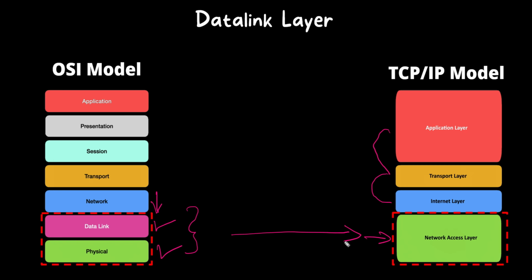But for the OSI model, that is not enough. They separated the network access layer into 2 layers, the data link layer and the physical layer. From their point of view, they perform different kinds of tasks which need to be considered when you create a network. So that's why there is a difference at the bottom layers of the OSI model and the TCP/IP model.